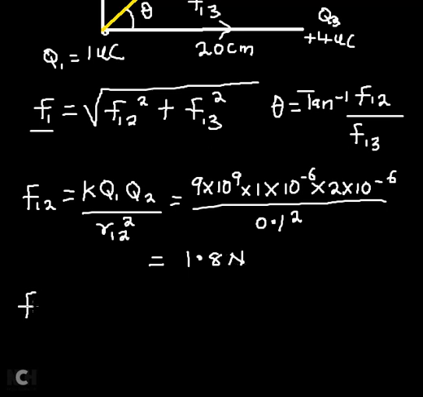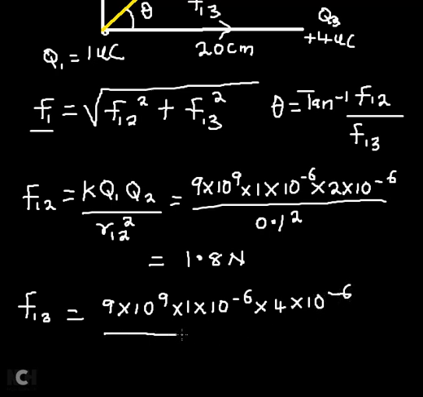Then let's evaluate F13. For F13, I'm having 9 times 10 raised to the power of 9 times Q1, which is 1 times 10 raised to the power of minus 6, then Q3 this time, that's 4 times 10 raised to the power of minus 6, then divided by that distance.